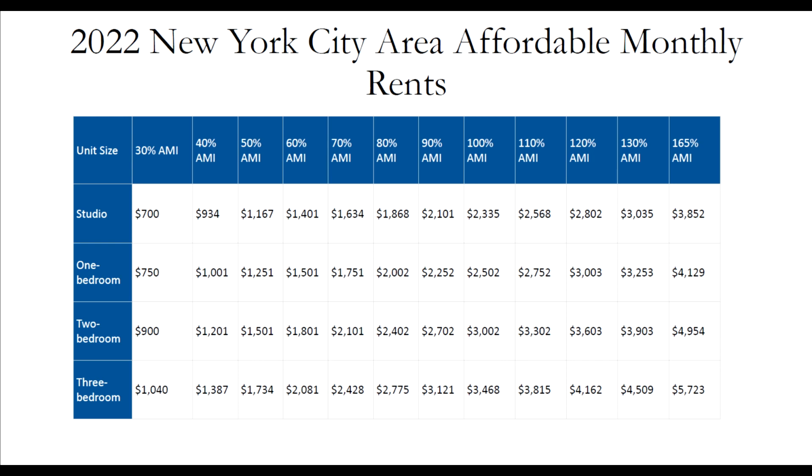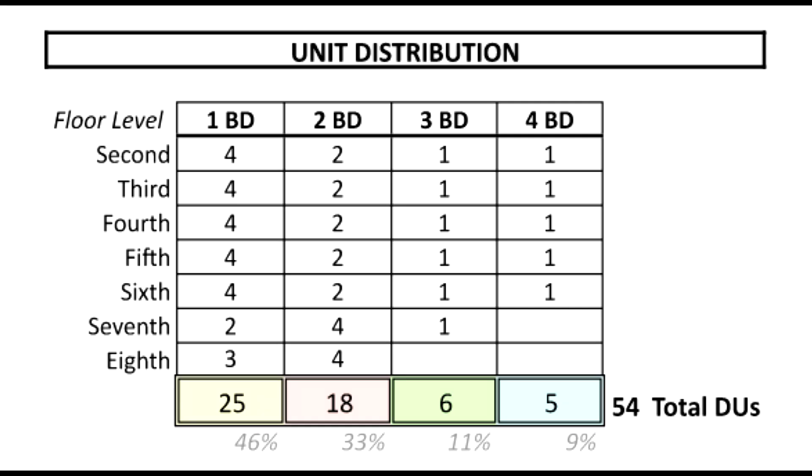The second thing to note, as was noted at the community board, is that one of the reasons we really love this project is because the unit distribution here, if anything, favors larger units. So there's 25 one-bedrooms and a combination of 29 2, 3, and 4-bedroom units.